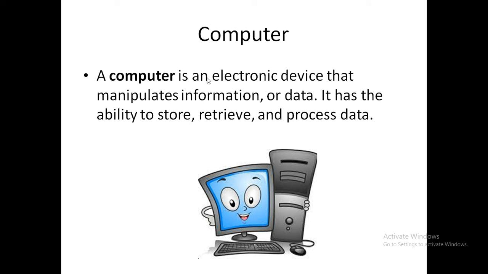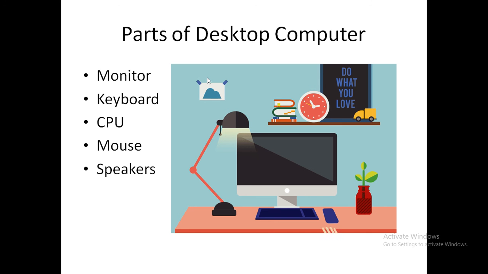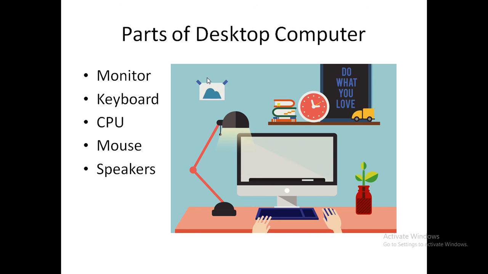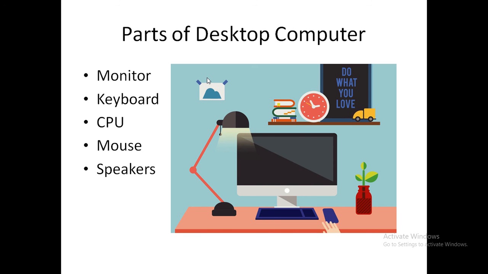We use that picture again and again, to see or to use somewhere. Then it processes data. The parts of a computer are monitor, keyboard, CPU, mouse, and speakers. There are different kinds of monitors, keyboards, CPUs, mouse, and speakers, which you will learn in your senior classes.